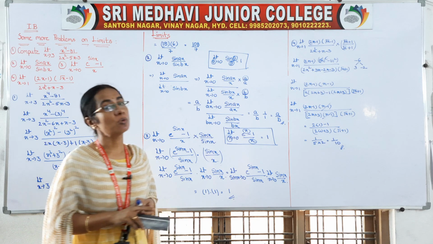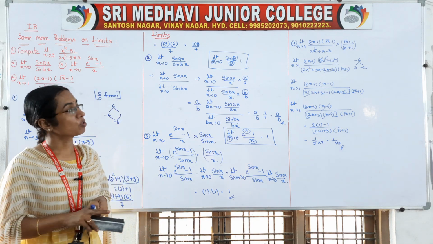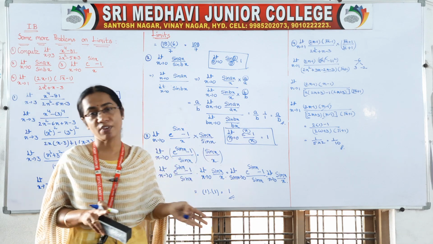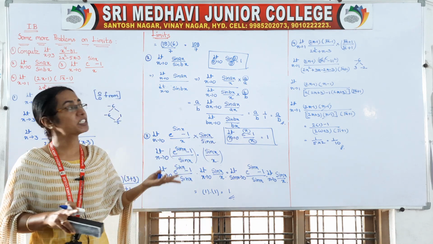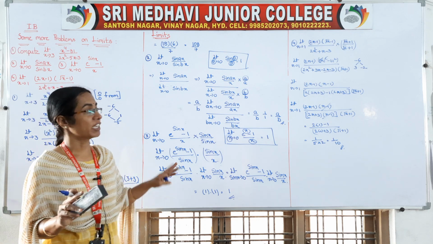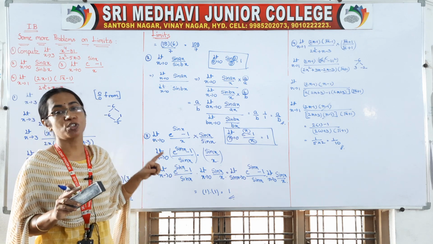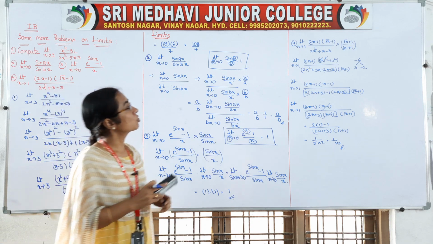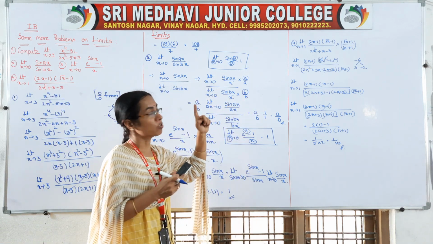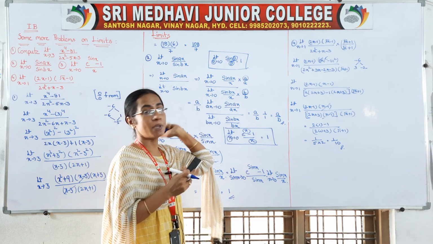In the problem, root x minus 1 is there. So roots are there, right, and some minus value, some plus value. I said go for rationalization, simplify, right? If no further simplification is possible, then you substitute the x value in it. So if you observe, it is a minus b into a plus b form, a square minus b square.